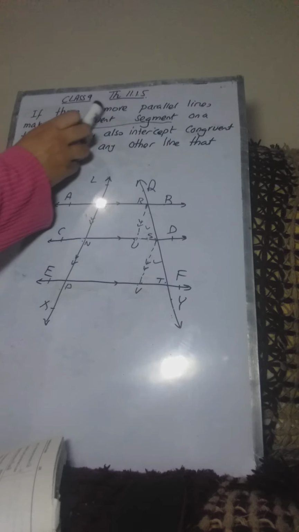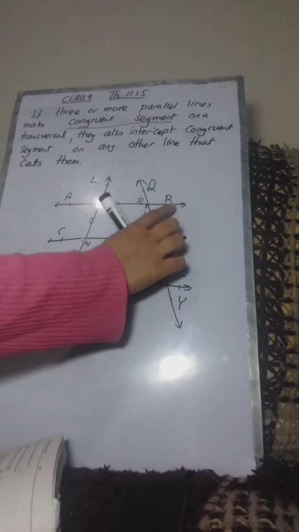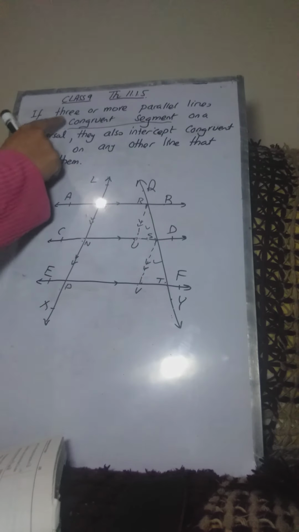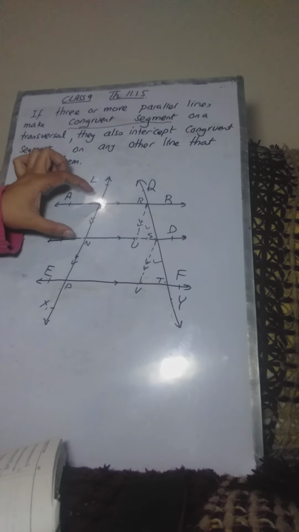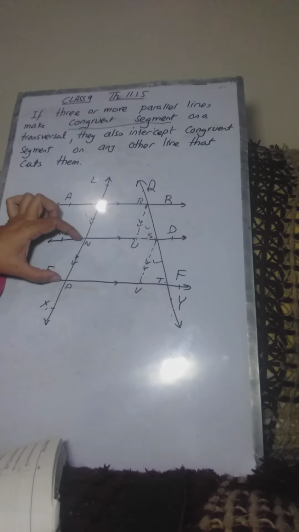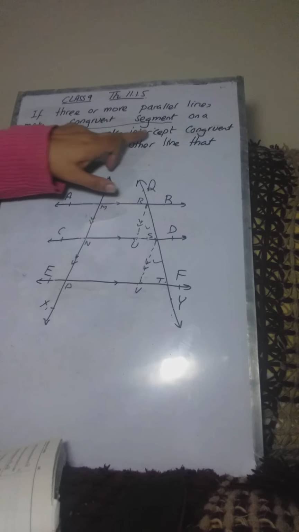Now let us read the statement of the theorem again. If three or more parallel lines make congruent segments, these MN and NP, on a transversal, they also make congruent segments on any other line that cuts them.